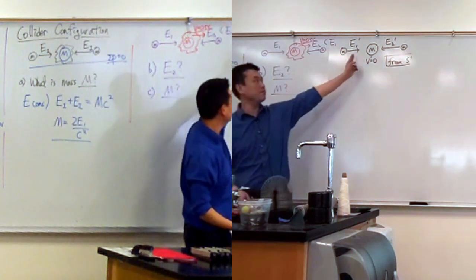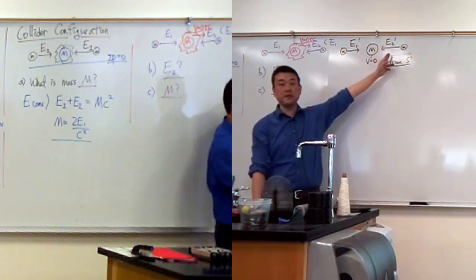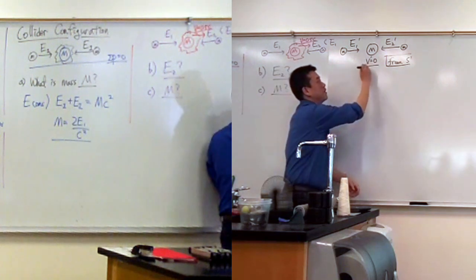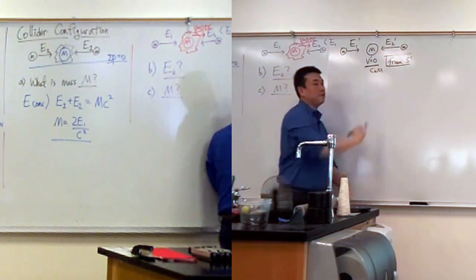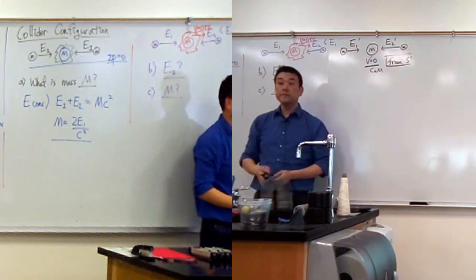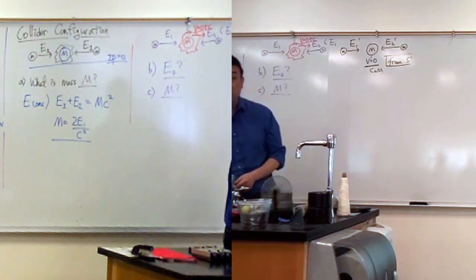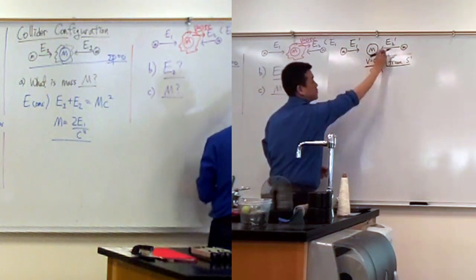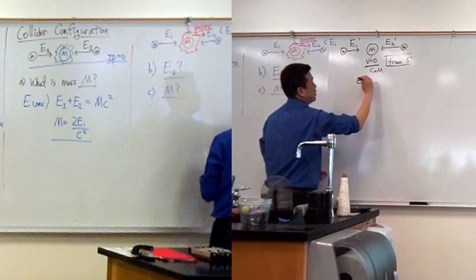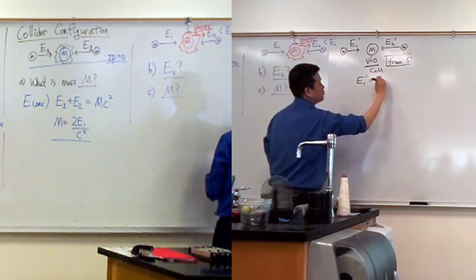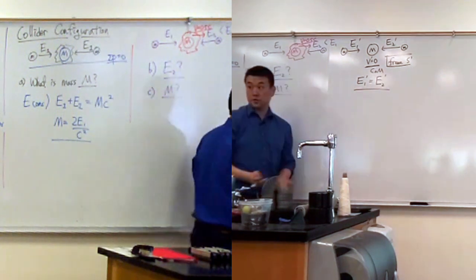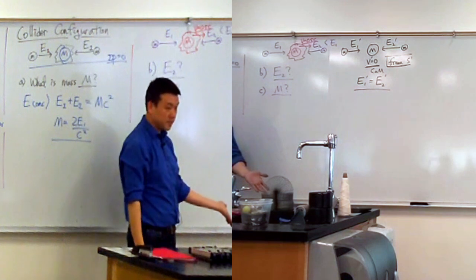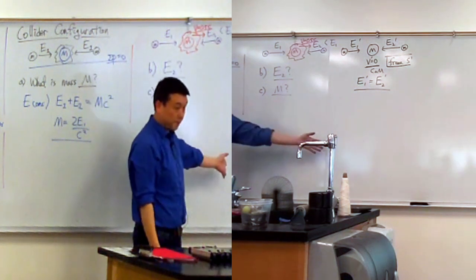There's something about E1 prime and E2 prime you know right from the beginning, from the specification that you are in the center of mass frame, or center of momentum frame. They should be equal to each other, right? In this reference frame, you can immediately say that E1 prime is equal to E2 prime, so that net momentum works out to be 0, and you get all that nice stuff from before.